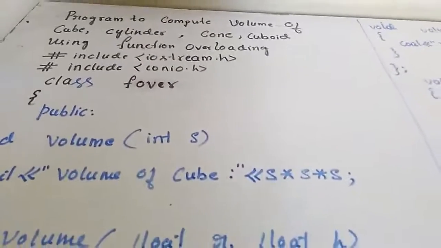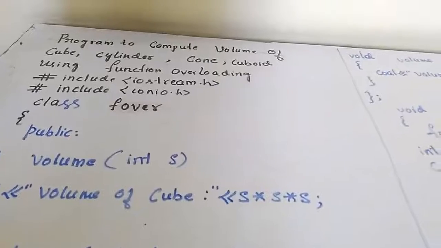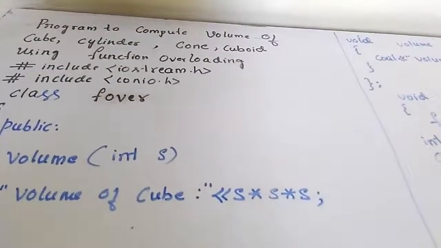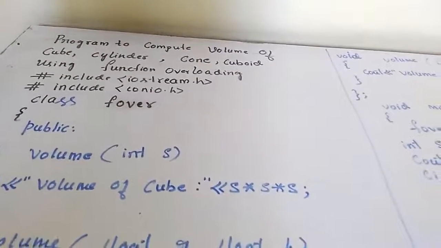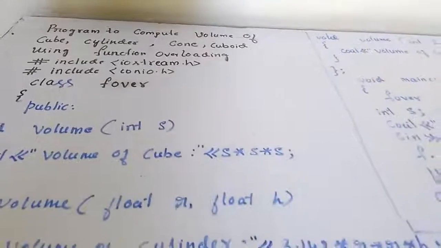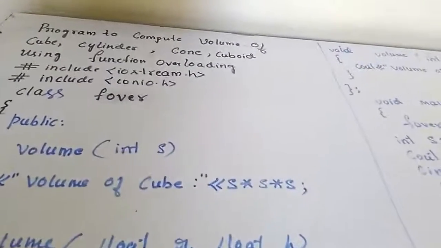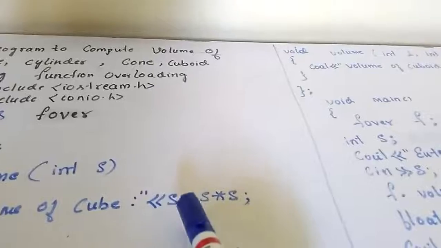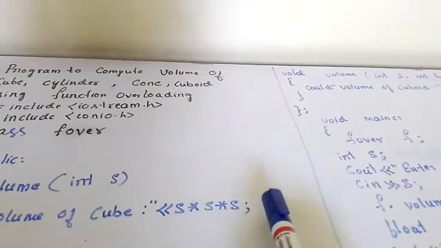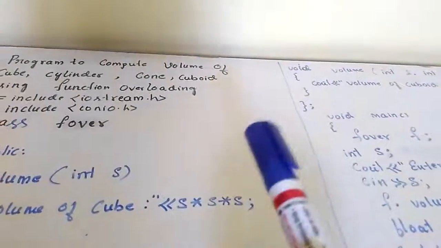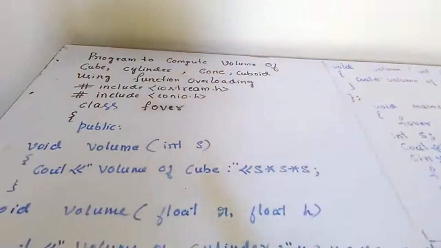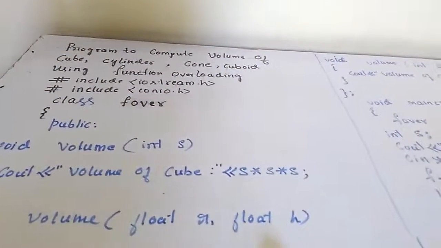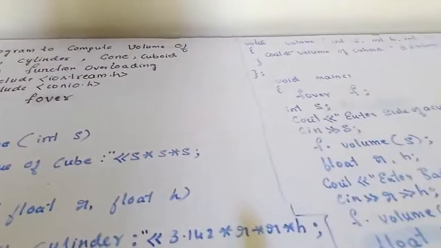In the first function, I have taken the argument int s. So from main function we have to pass side of a cube. For the volume of cube, the formula I have calculated here, s into s into s. Directly it calculates and displays on the screen. Next function, volume of cylinder, the formula is pi r square h.